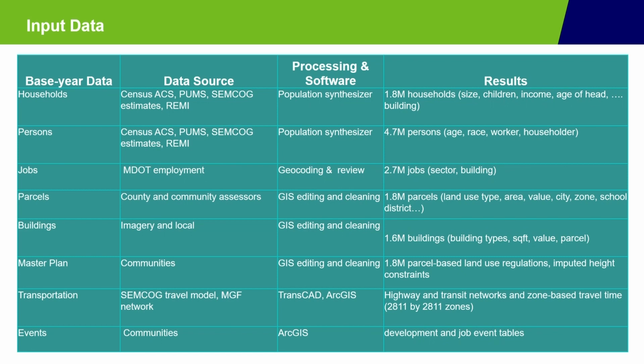Those are the establishment level employment data. And we have every parcel, every building in the region, and we collect master plans and sometimes zoning from local communities for policy purposes, transportation, travel time, accessibility, and also special events to feed the model we just saw in the previous slide.